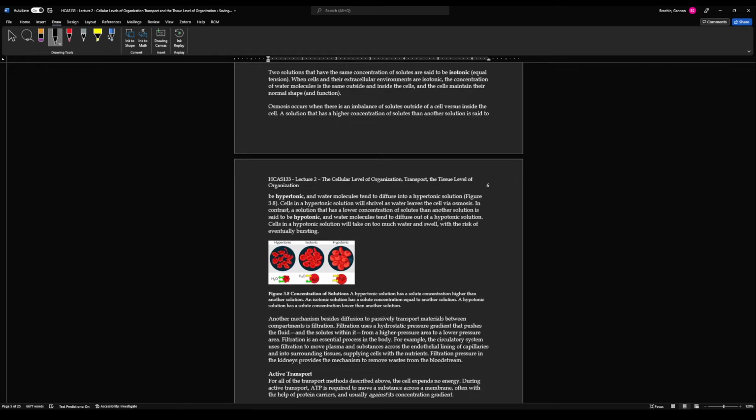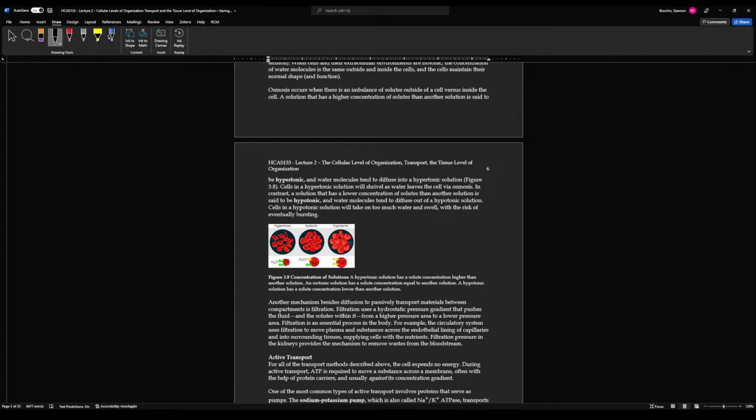Now, another important thing to consider with osmosis is whether a solution is hypertonic, isotonic, or hypotonic. Hypertonic solutions essentially mean that there's a higher concentration of non-water molecules outside of the cell, and there are fewer water molecules outside of the cell.